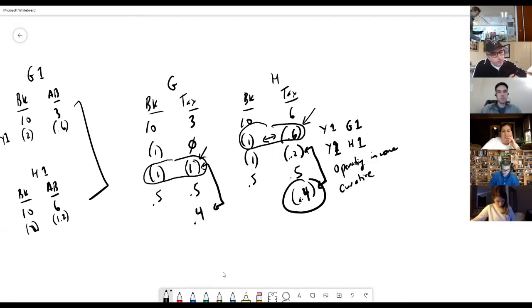Under curative, we're going to get this wrong and this wrong, but they're both wrong in the right amounts. So two wrongs make a right. That's what I think about curative. So that is curative. Okay.